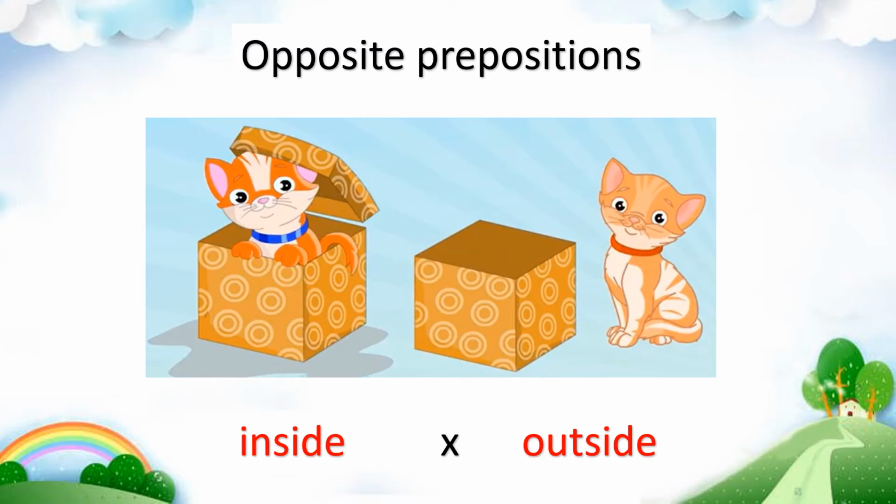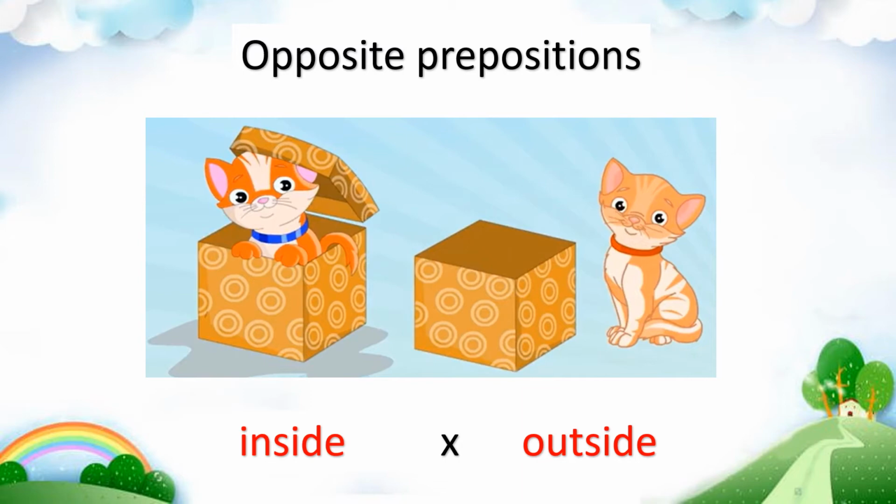So inside opposite outside, outside opposite inside. Inside and outside are opposite prepositions. In, out, up, down, before, after. These are called opposite prepositions.